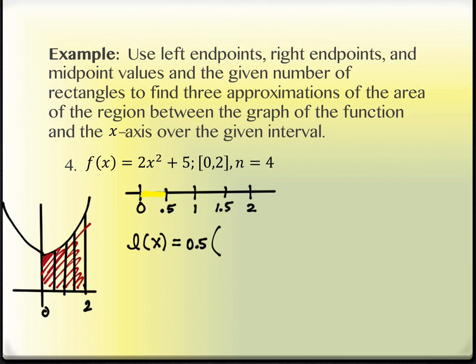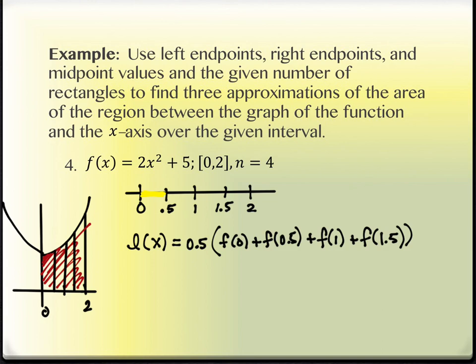But the 4 rectangles are being determined by the left-hand endpoint. And what is the first left-hand endpoint? It's a 0. So the first left-hand endpoint is going to be f of 0. And then I'm going to have f of 0.5. And then f of 1 and f of 1.5. There are 4 heights there. Those are the 4 left-hand endpoints, and I'm finished.